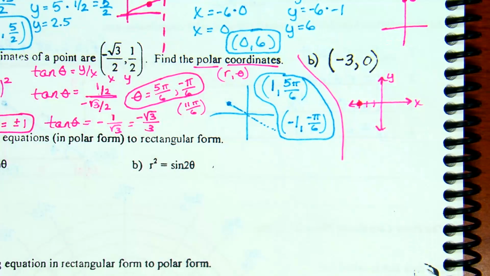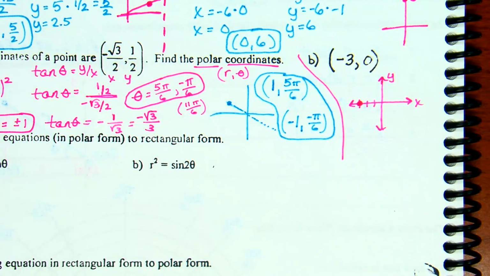So what are my possible R values? -3 and +3. Keep in mind, you're always going to have two R values. They're going to be the same number with opposite signs. So my R possibilities, and we'll put it together here in a moment, are plus or minus 3.